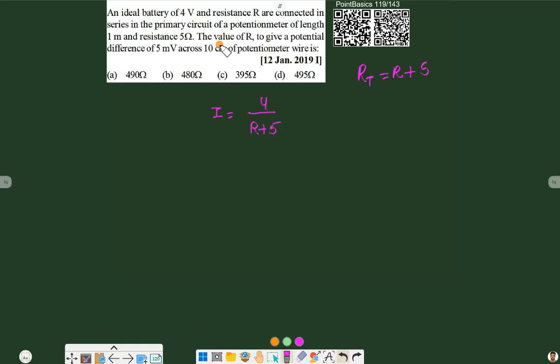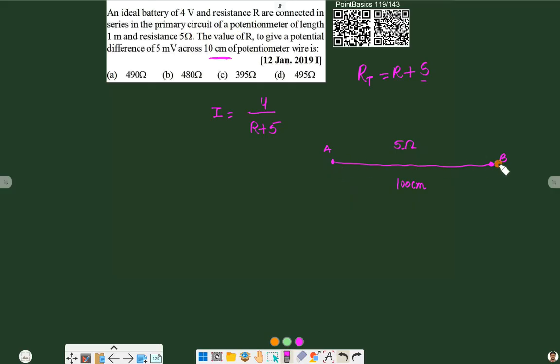Now we need to adjust R such that the potential difference is 5 millivolt across 10 centimeter of the wire. Suppose this is our wire AB of length 100 centimeter, and its resistance is already given as 5 ohm.